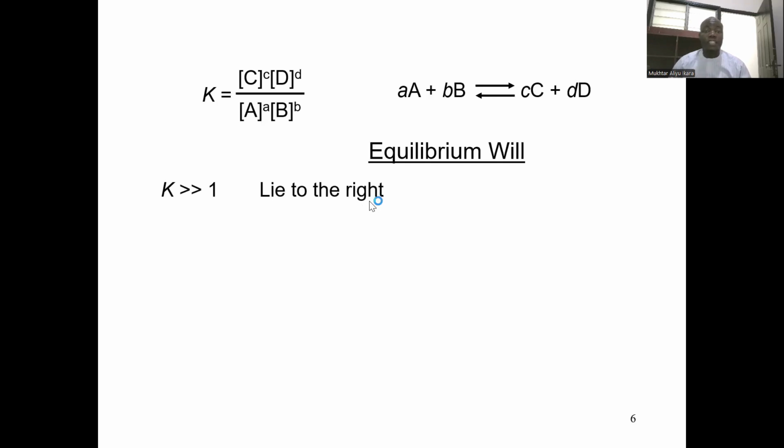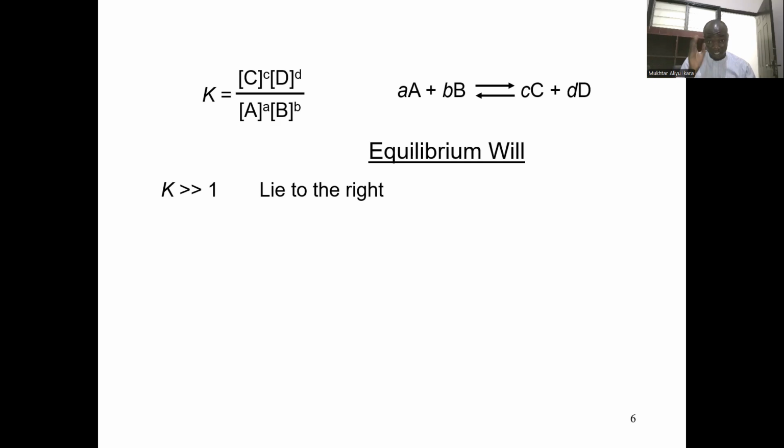Now, if this equilibrium constant K is greater than 1, what will happen to the equilibrium state? The reaction will lie to the right. It means that it will move toward product formation whenever the equilibrium constant is greater than 1.